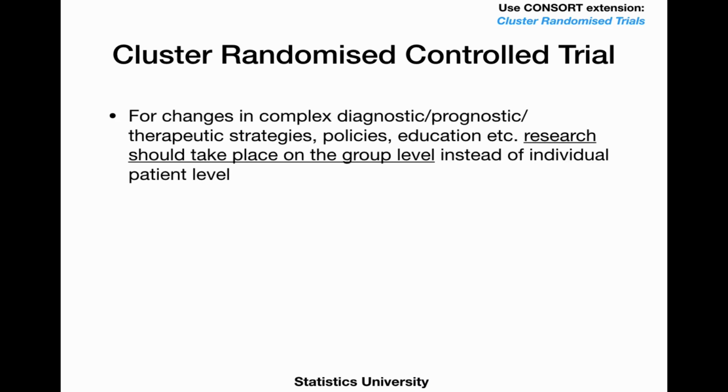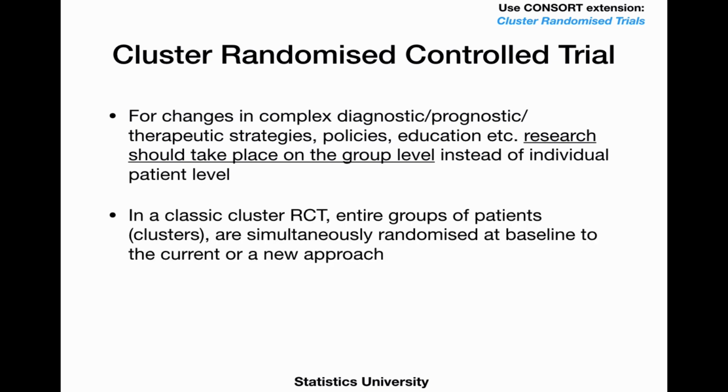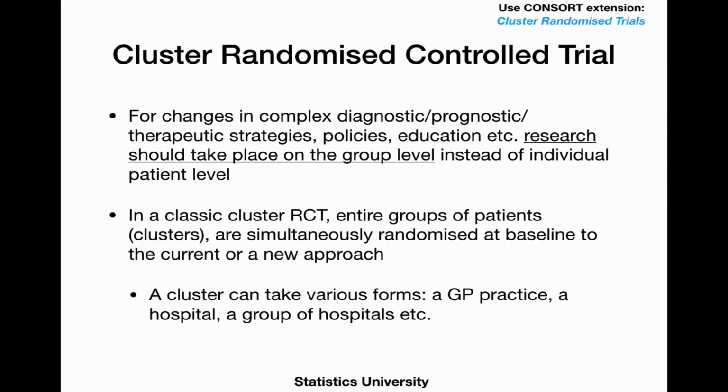Now, the next form of study design to be discussed are the cluster randomized controlled trial designs. And for changes in complex diagnostic, prognostic, or therapeutic strategies, or policies and educational projects, it makes more sense for research to take place on a group level instead of individual patient level. And so in a classic cluster randomized controlled trial, entire groups of patients, which are referred to as clusters, are simultaneously randomized at baseline to the current or a new approach.